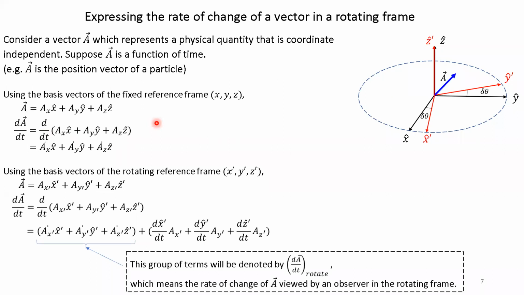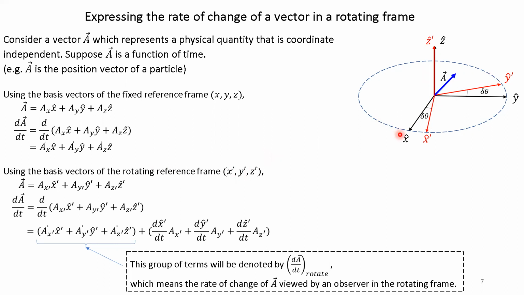But now, this is the part that we need to be careful. I'll just finish this slide, and we'll continue next time. Now I'm going to express the same vector. I'm not trying to rotate this A vector; I'm expressing this A vector using the red coordinate system, which is the rotating frame.